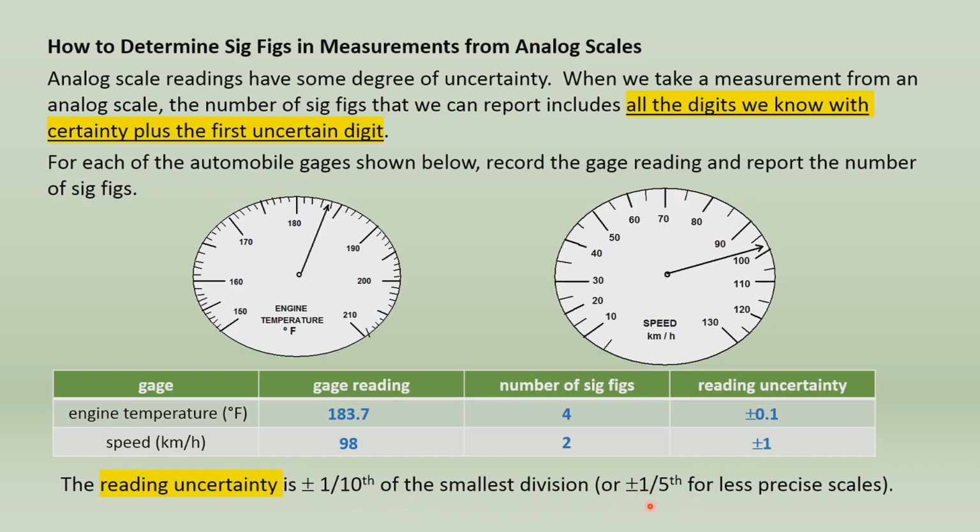And if that's still too coarse, you might want to use 1/2 the smallest division. But in this case, I think 1/5 would be adequate. And 1/5 of 5 degrees is 1. And so 98 plus or minus 1 kilometer per hour. And that is consistent with the precision of the reading. More about this to come.